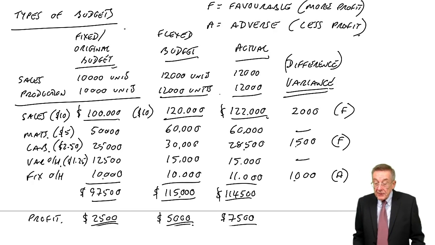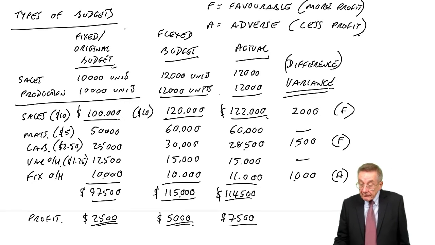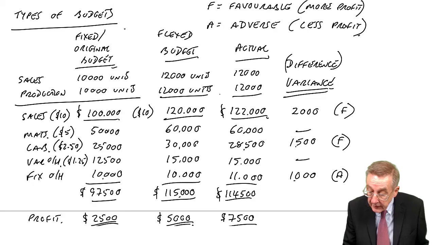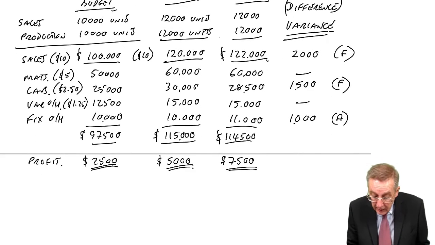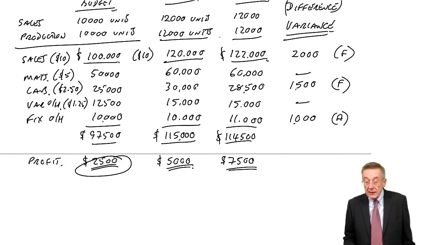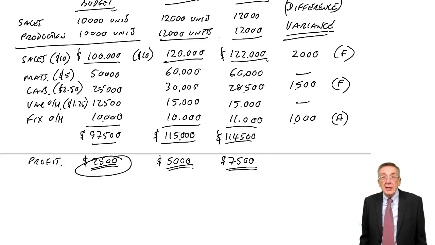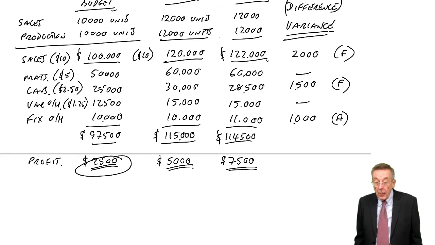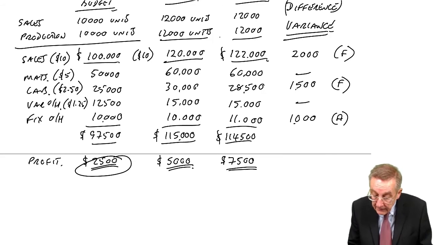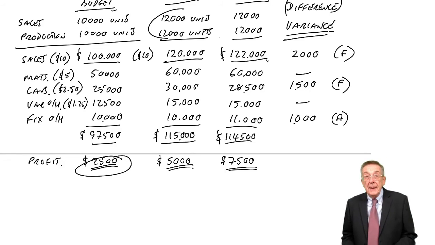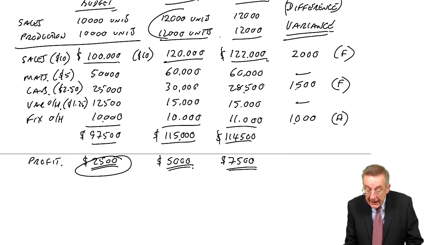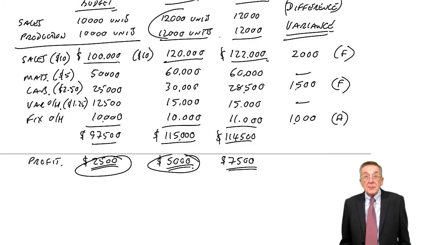Now, of course, management are going to want to know, why was the actual profit different from what we budgeted? We budgeted on 2,500. How have we managed to make 7,500? Well, the first reason is we sold more units. And so immediately we expect more profit.